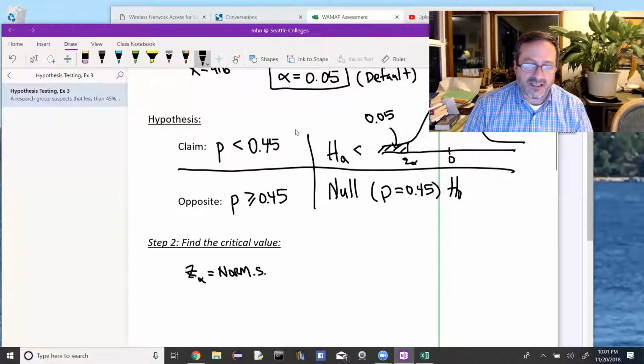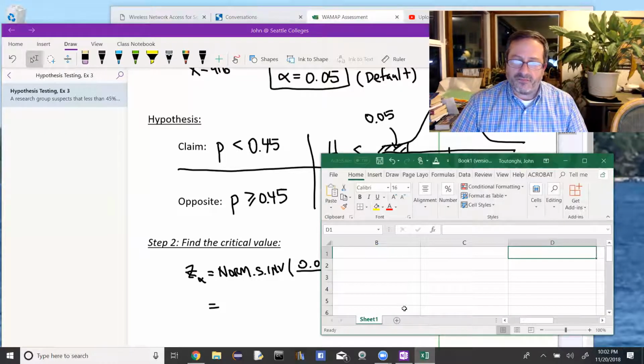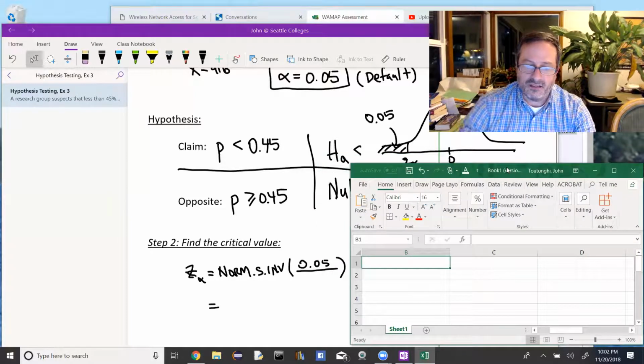So norm.s, since we know the area and we want to find the score, we use norm.s.inverse. And we're just going to put that area to the left in there, 0.05. Plug that into Excel.